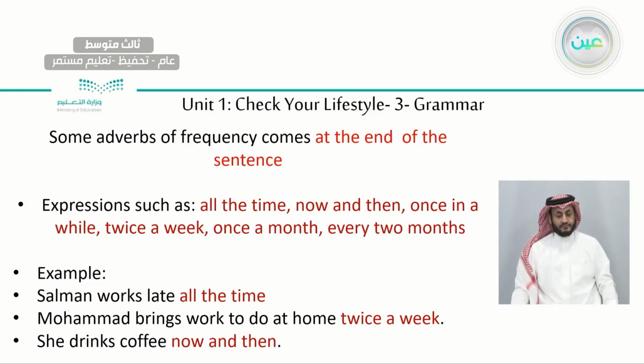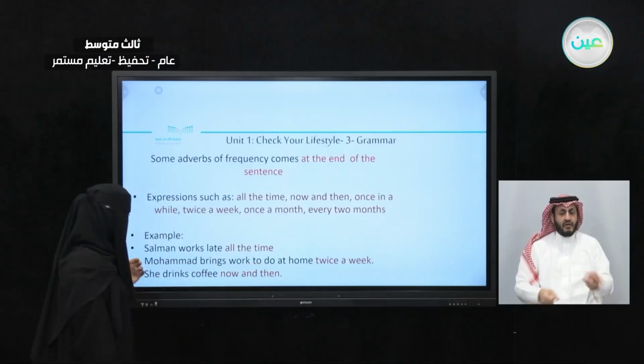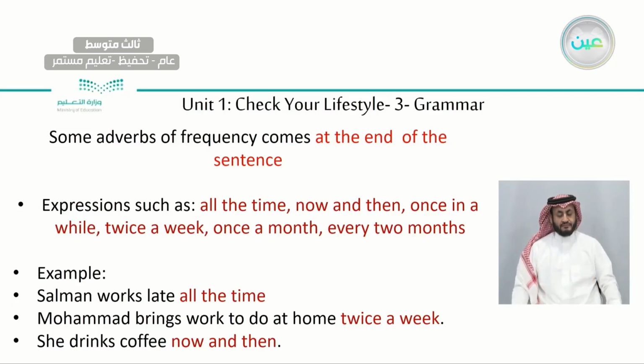Which adverbs of frequency do we put at the end? We have all the time, now and then, once in a while, twice a week, twice a month, every 2 months. For example, Salman works late all the time. Muhammad brings work to do at home twice a week. She drinks coffee now and then. Excellent.